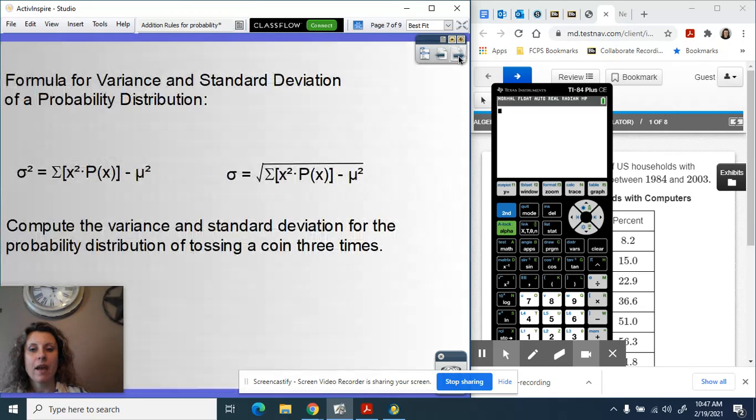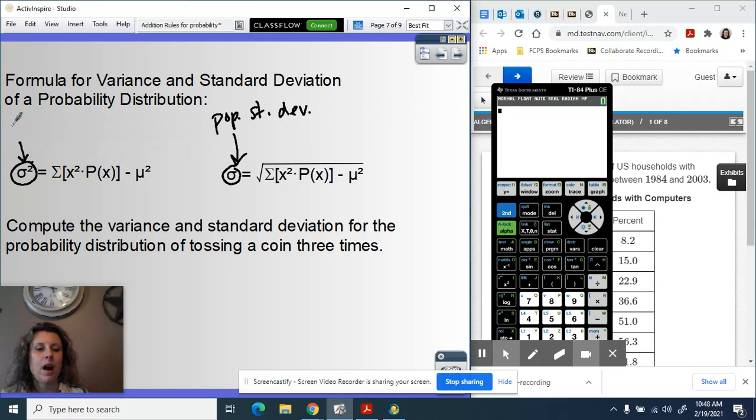Okay, we also may have to find standard deviation and variance for probability distributions. So I've included those formulas here. Again, notice the Greek letters now, because these are population values and not sample values. So this symbol stands for population standard deviation.